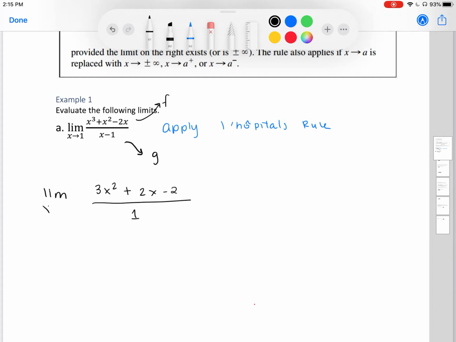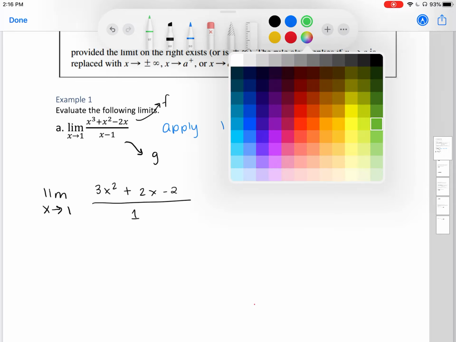We're trying to find the limit as x is approaching 1 of our function. We took the derivative of our numerator and our denominator. Now we can go ahead and directly substitute that 1.